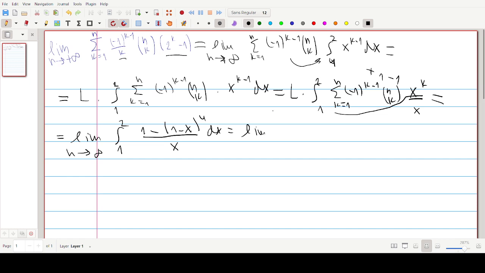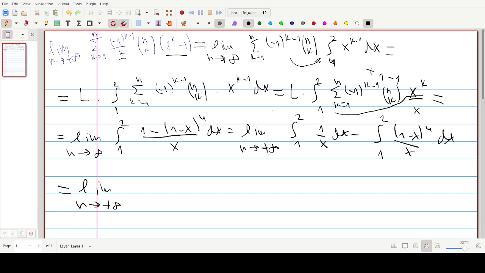So we have a limit as n goes to infinity, an integral from 1 to 2, 1 over x dx, minus an integral from 1 to 2, 1 minus x to the n over x dx. As you can see, we have just a limit as n goes to infinity of this part. It will be just ln2 minus, we will now focus on this part.